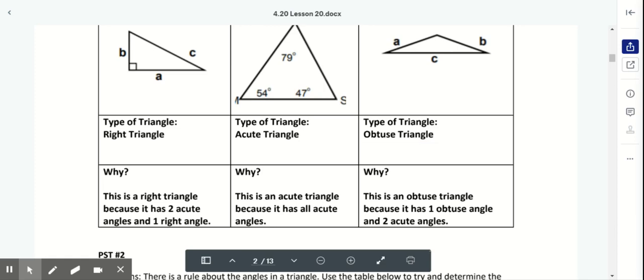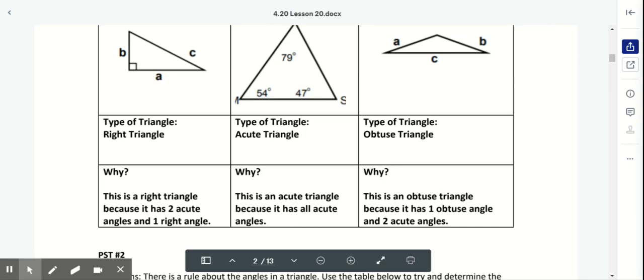For our second triangle, it is an acute triangle. Why? Because each angle is less than 90 degrees. So this is an acute triangle because it has all acute angles. Lastly, we have an obtuse triangle.